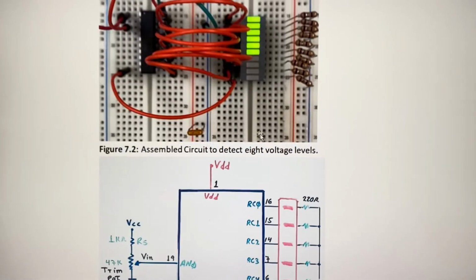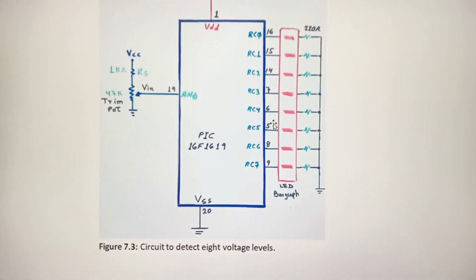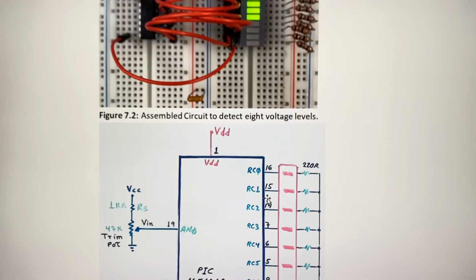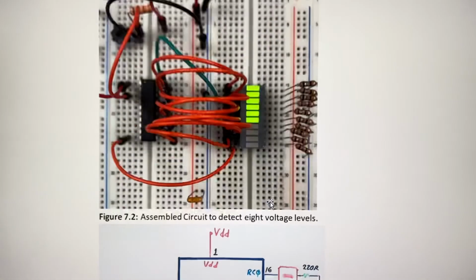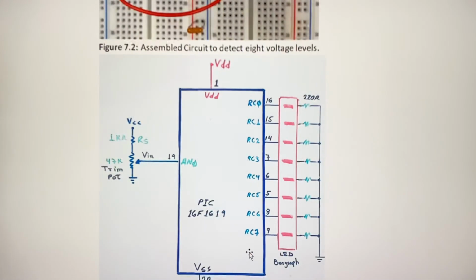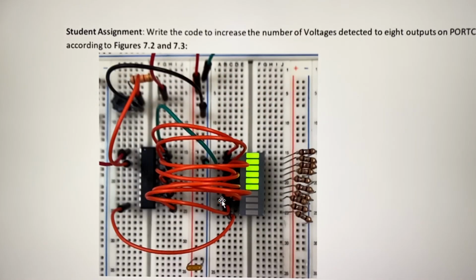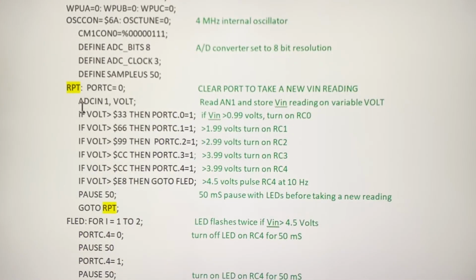So if instead of 5 levels, you want to have 10 levels for a bar graph voltmeter, you can do it. You can just connect all the outputs to port C, as you can see right there, and then you wire the 8 LEDs, and you have to keep increasing this.